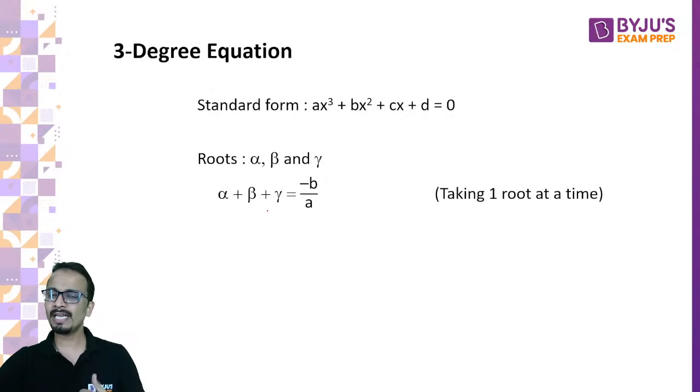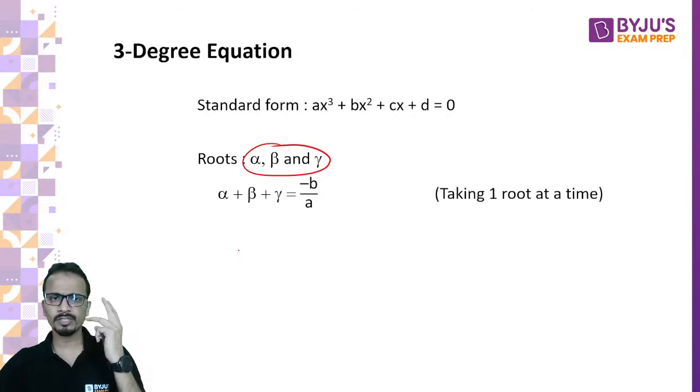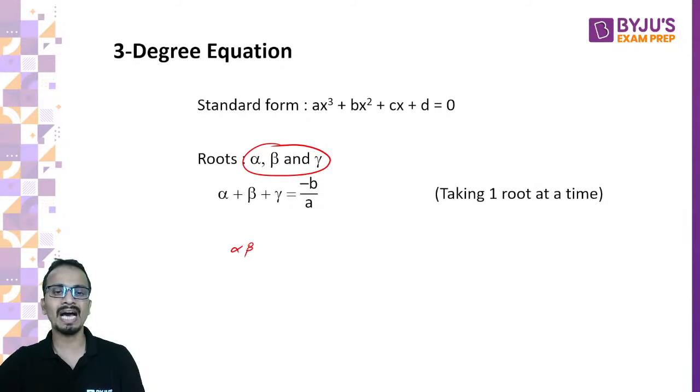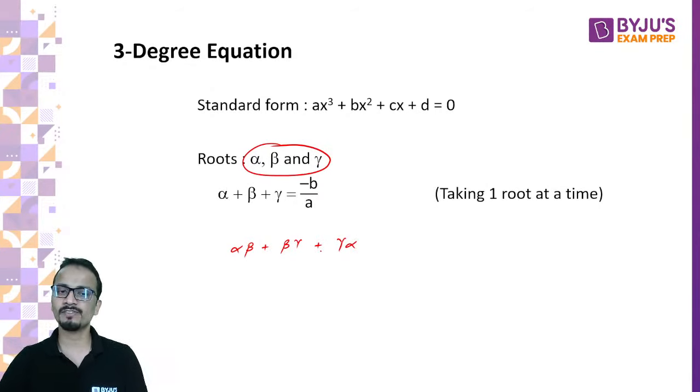Now the next thing is the sum taking two roots at a time. I have three roots, alpha, beta and gamma. I'll take all possible combinations of two roots. The combinations will be alpha beta, then beta gamma, and gamma alpha, and we'll put a positive sign between them.